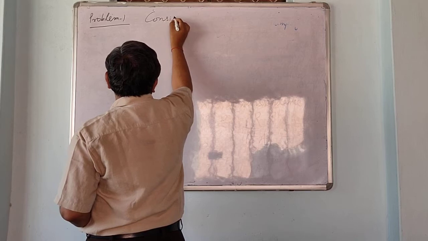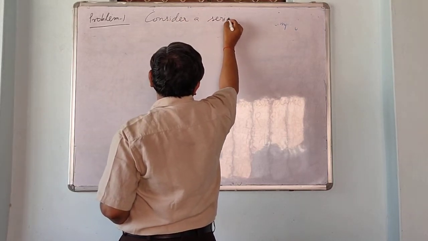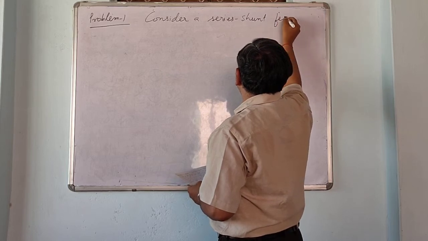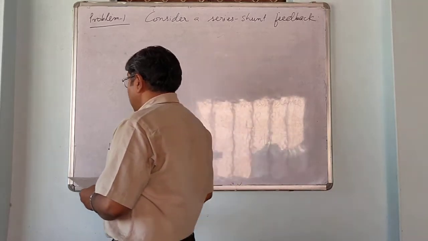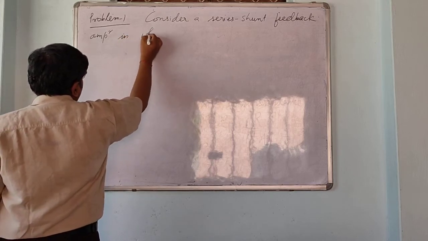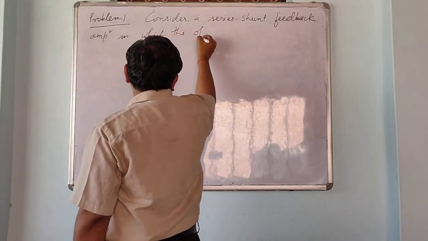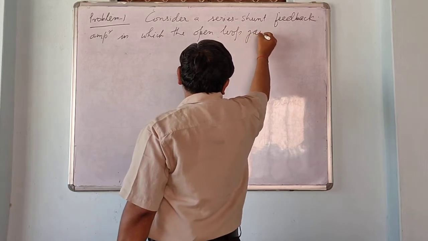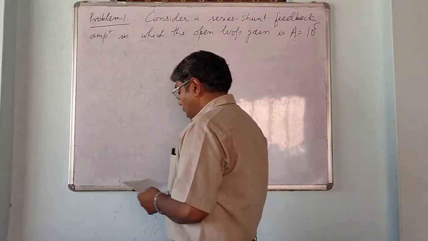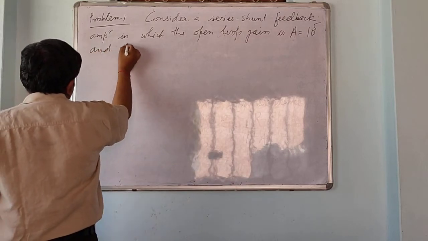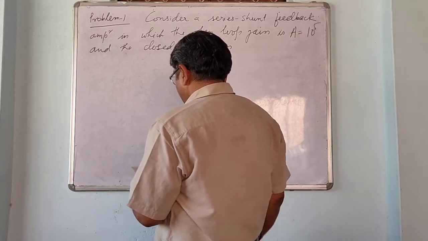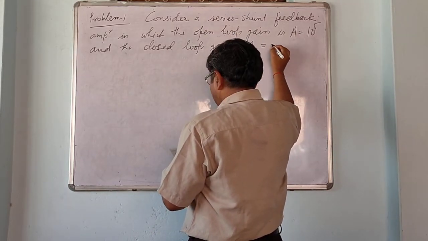Consider a series shunt feedback amplifier in which the open loop gain is A equals 10 to the power 5 and the closed loop gain, obviously this is gain with feedback, is given as 50.